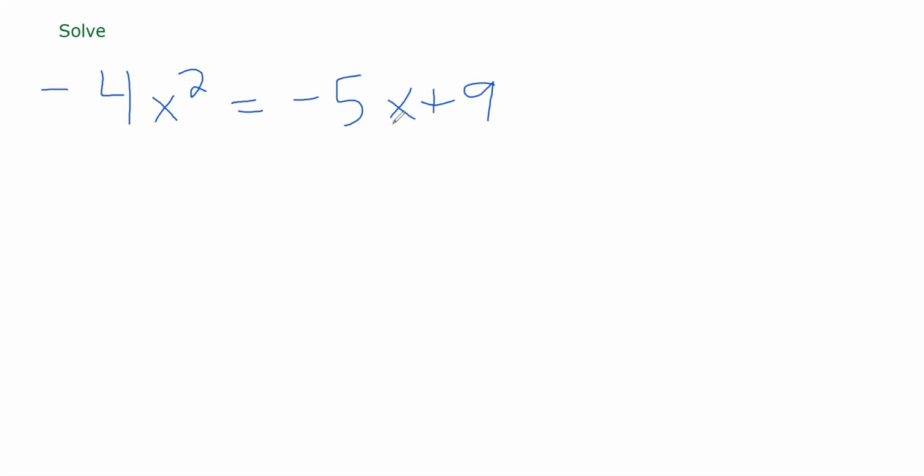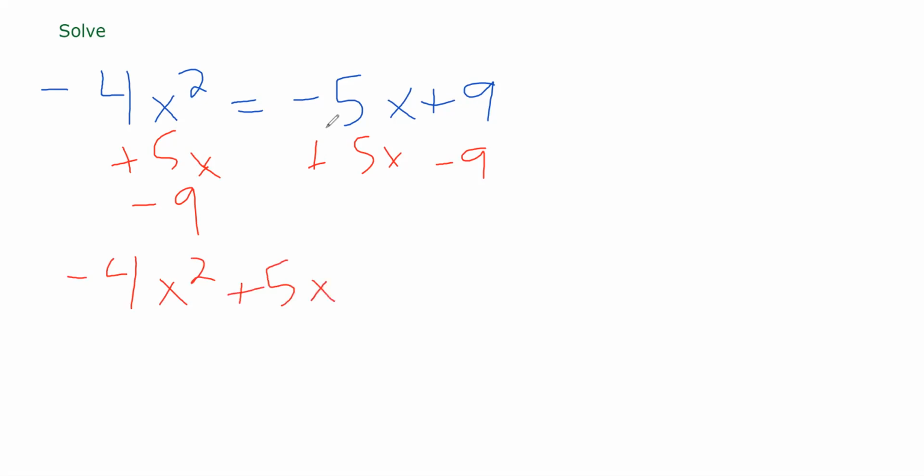Well, everything's not on the same side of the equation just yet. We'll need to add the 5x over. And in the same breath, we'll need to subtract the 9 over. And we'll end up with this equation.